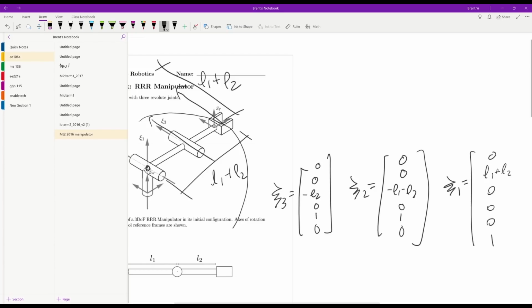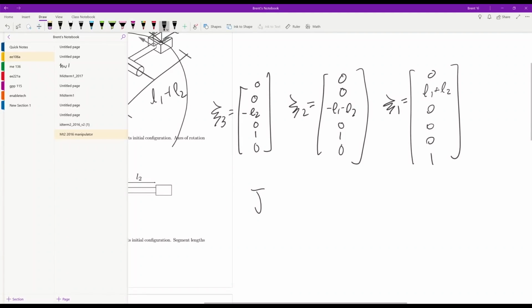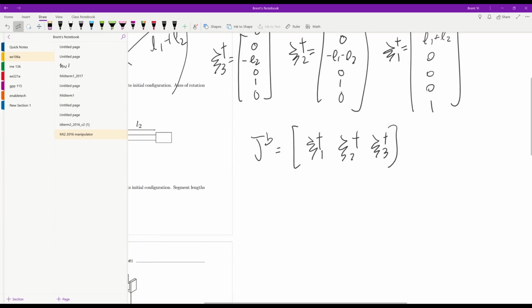So to write the body Jacobian, all we do is we write JB is equal to these twists stacked together. Twist 1, twist 2, twist 3. Right. And these should all have daggers to indicate that they're in the body frame. Yeah, so we'll just stack them together and that'll be our answer.